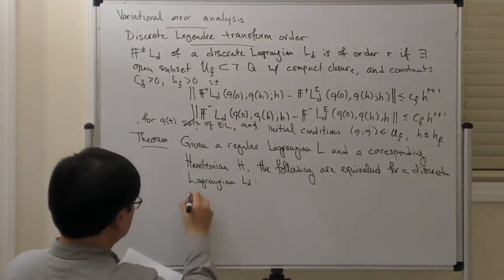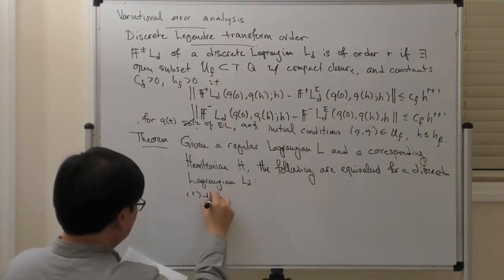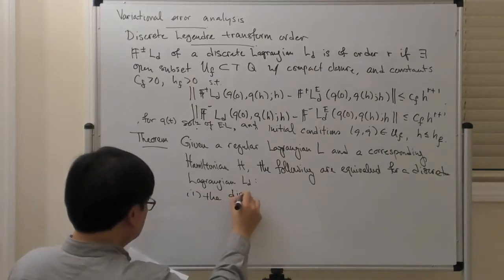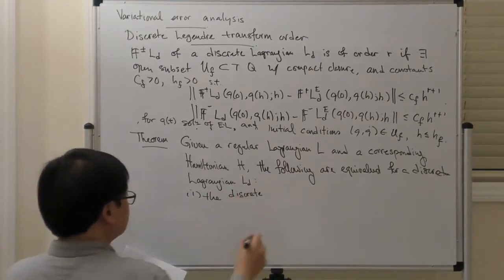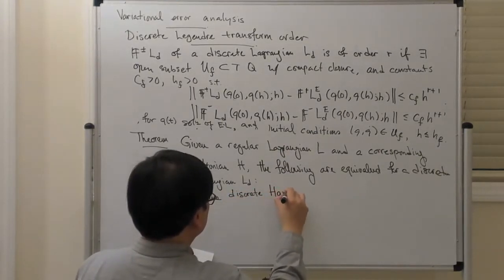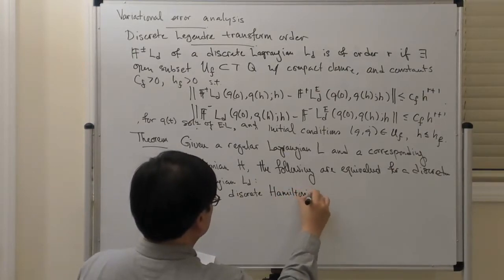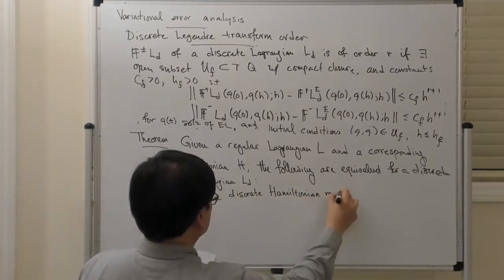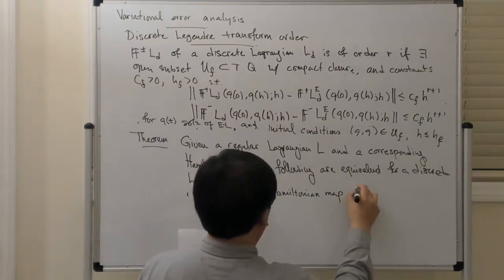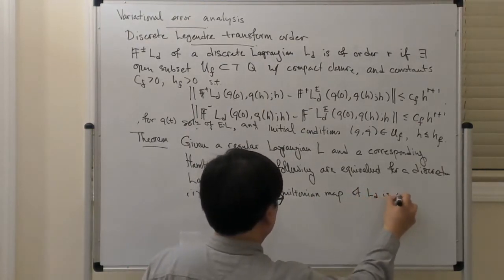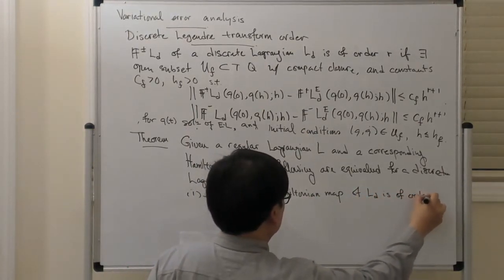The first one is that the discrete Hamiltonian map of LD is of order R.